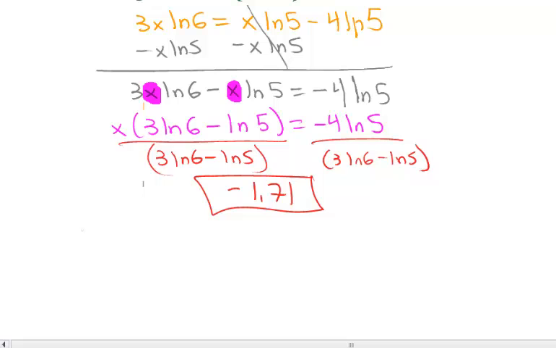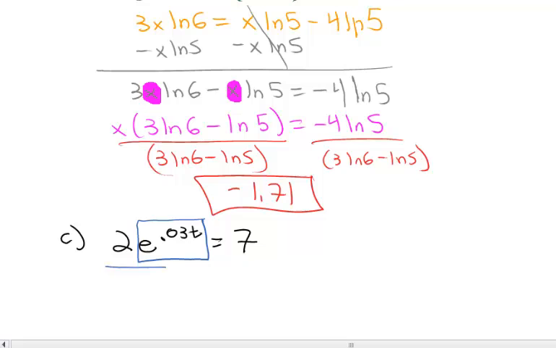Let's do one more. Let's do 2e to the 0.03t equals 7. Kind of hinting at what we're going to get to tomorrow. Well, before we take the log of each side, let's get the part with the exponent, the e to the 0.03t, alone. And the way we get that alone is we're going to divide out that 2 from both sides.